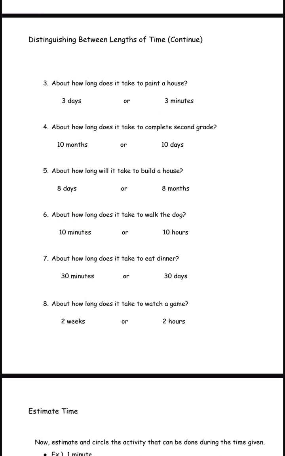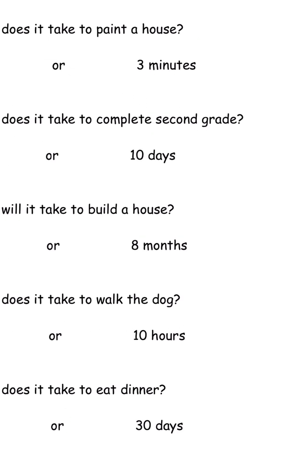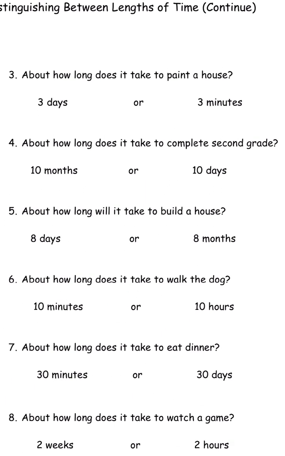So let's look at number 4. It says, about how long does it take to complete second grade? It says 10 months or 10 days. So let's see. To complete each grade, we need at least 1 year, and between those times we have a break, right?